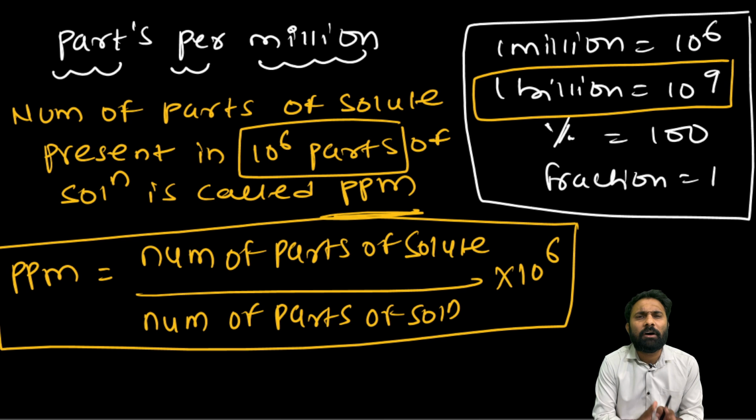They will play a very crucial role in the calculation part of our questions in the solution chapter. In the next lecture, I will explain how they will be helpful for us in calculations.